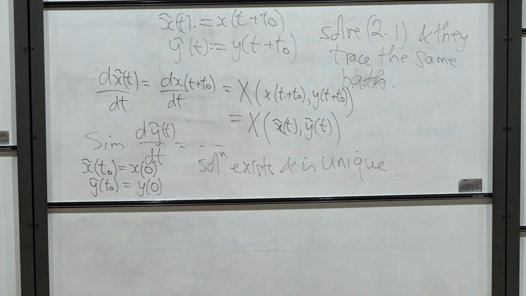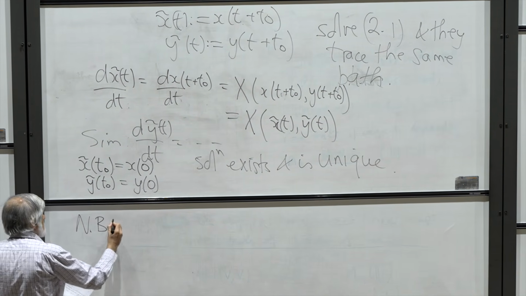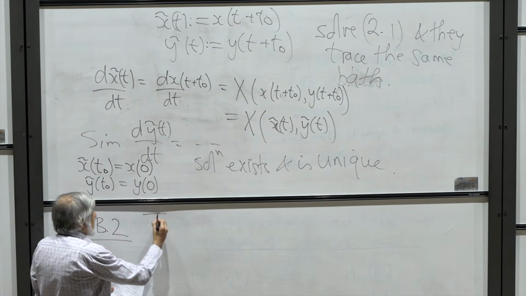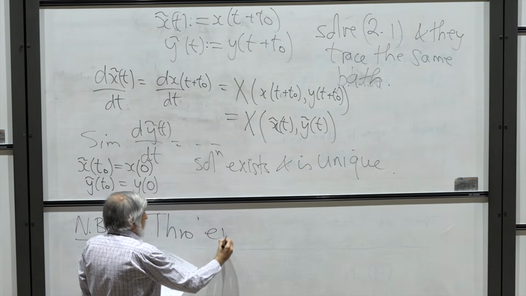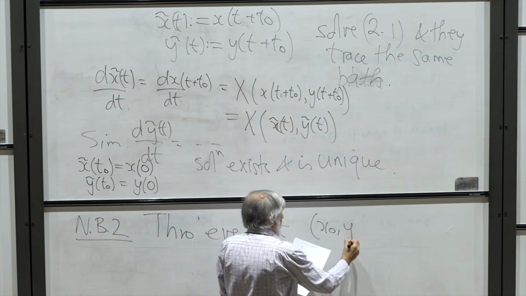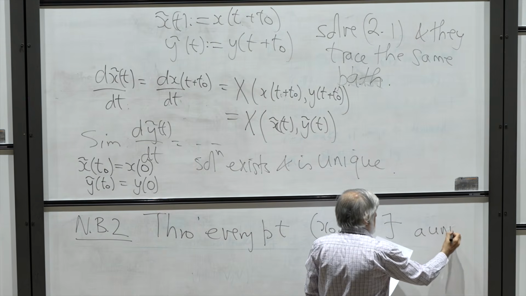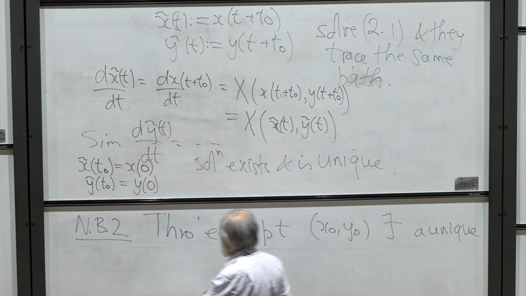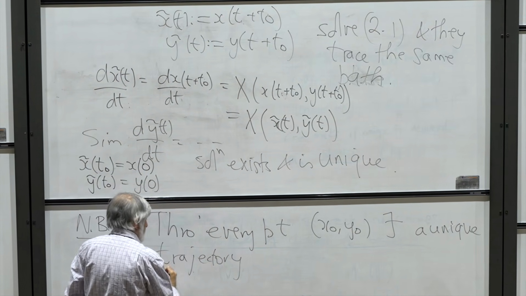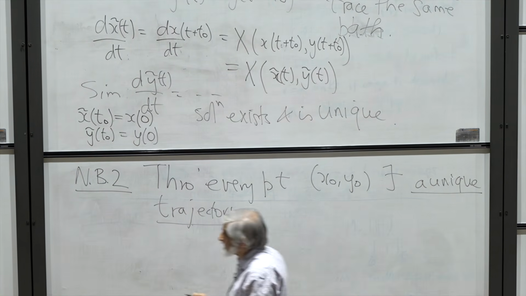And then the second thing to point out is that through every point x0, y0, there exists a unique trajectory. Okay, so what does that mean?